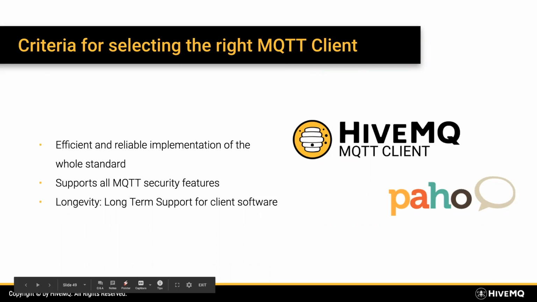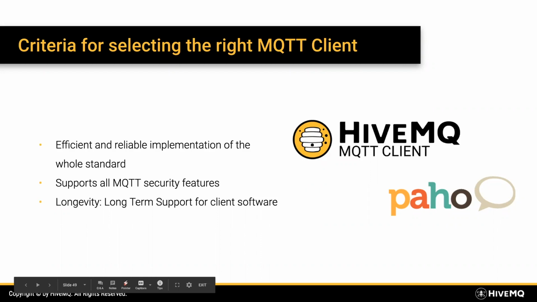It needs to support all the security features of MQTT. So these are username and password in the MQTT 3 standard, and of course, username, password, authentication data, authentication method, and the auth packet in the MQTT 5 standard. And then it has to have some longevity. You don't want to have to change it very fast if you don't need to.